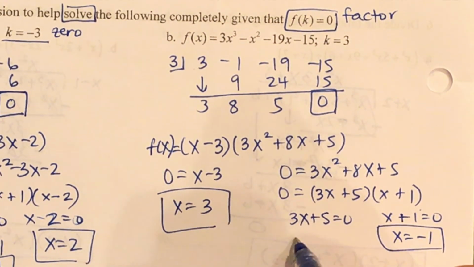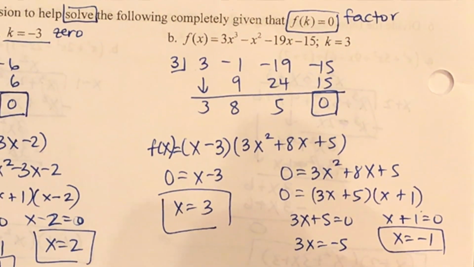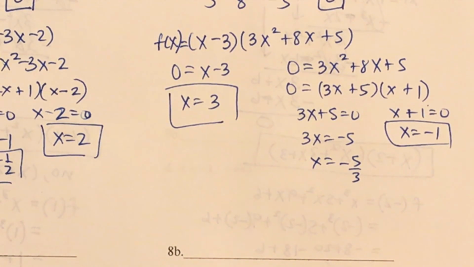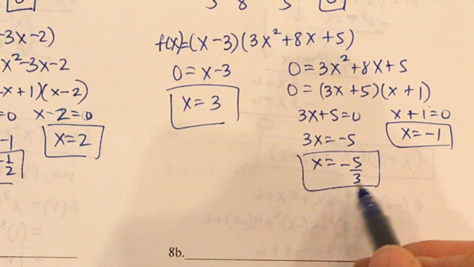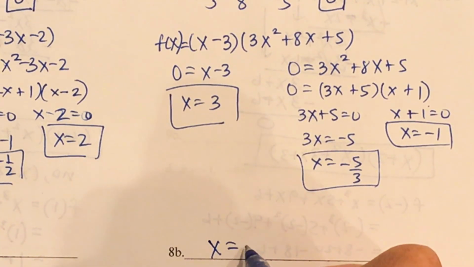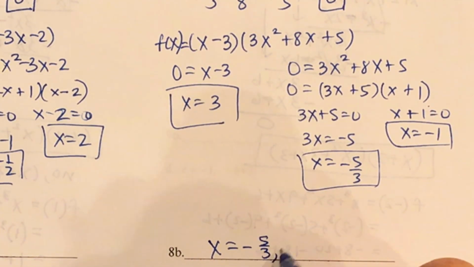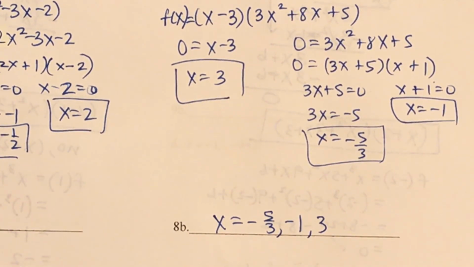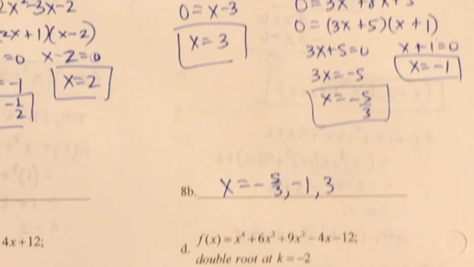And then here I'm going to subtract 5, then I'm going to divide by 3. And of course, that's off the charts, because that's how I roll all the time. Okay, so x is equal to -5/3, -1, and 3. Okay, cool. I'm going to keep cruising down here.